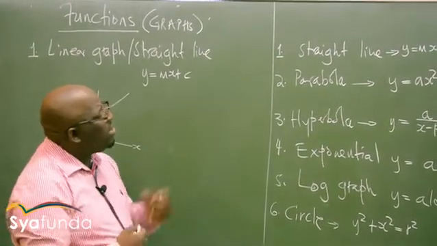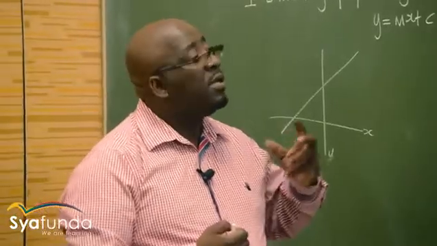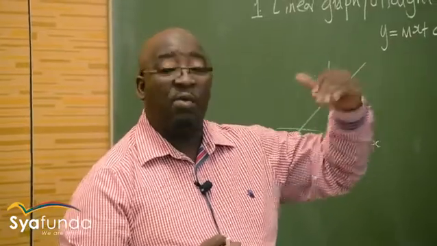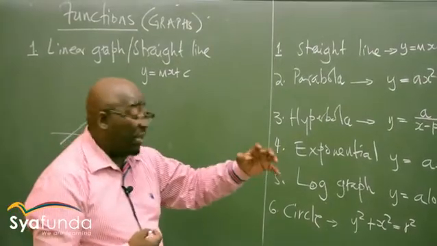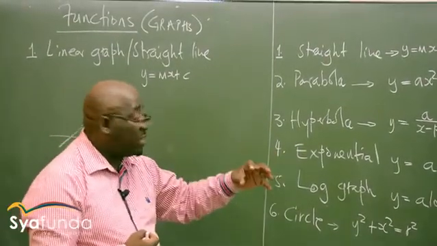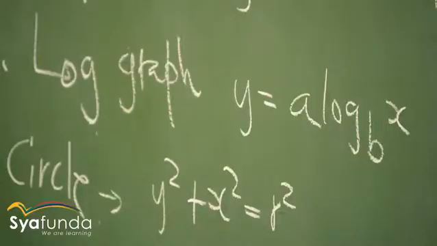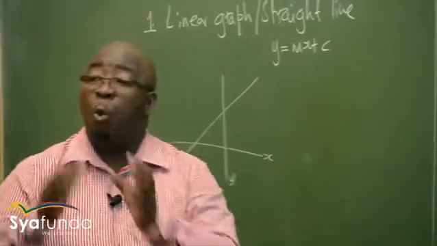Right, let's look at all these general equations. It is important that you should take note of them. The first one is y is equals to mx plus c. The second one is y is equal to something. The third one is y is equal to something as well. The fourth one, the fifth one. But the sixth one is different. So it is important that you should know how to put this one like in all other graphs. Remember, y is the graph.